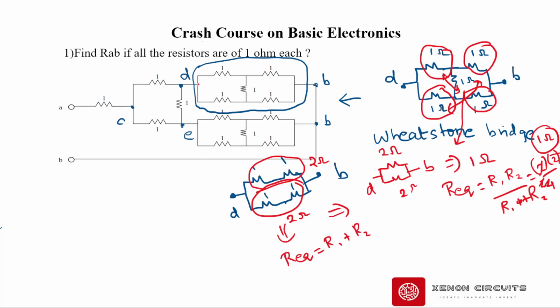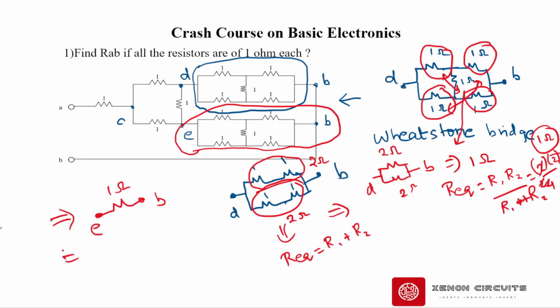Now, D and B, we solved the R equivalent for D and B, the network between D and B. And if you take a look at the network between E and B, they are same as in D and B, correct? So the R equivalent across E and B should also be 1 ohm, right?